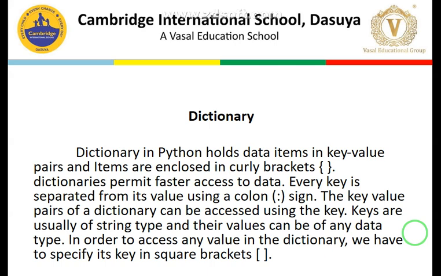Dictionary permits faster access to data. Every key is separated from its value using the colon sign. The key value pair of a dictionary can be accessed using the keys also. So keys usually are string type and their values can be of any data type. In order to access any value in the dictionary, we have to specify the key in the square brackets.